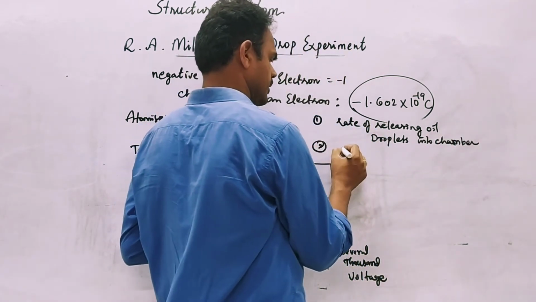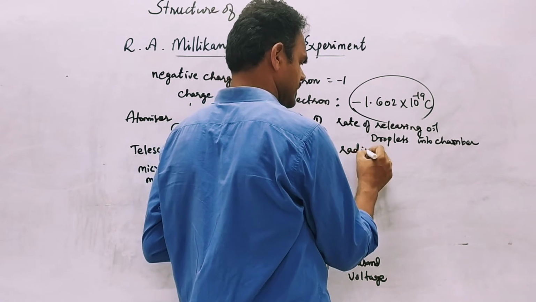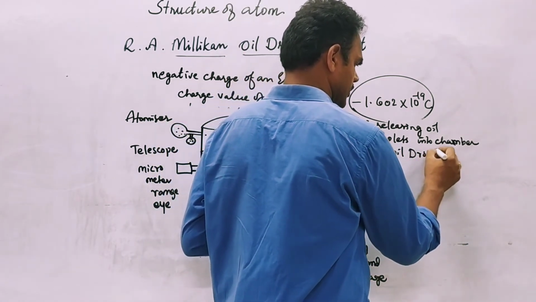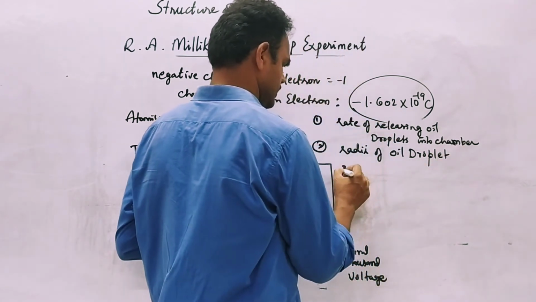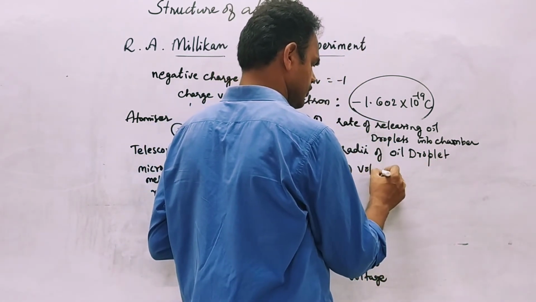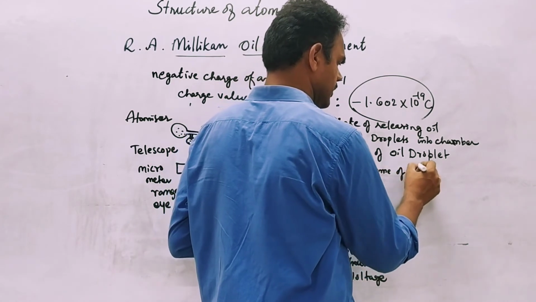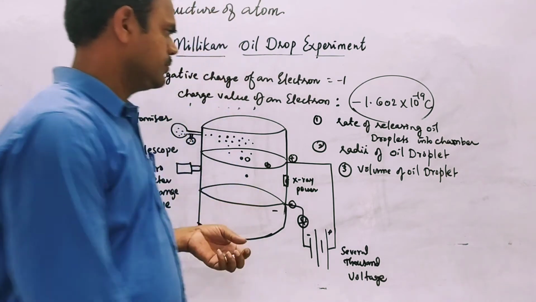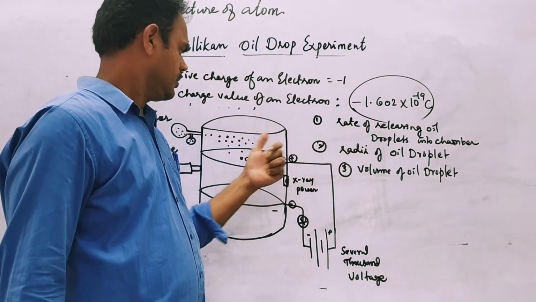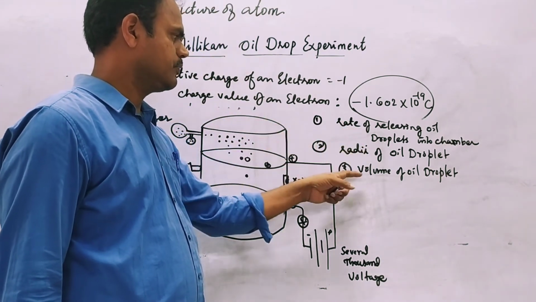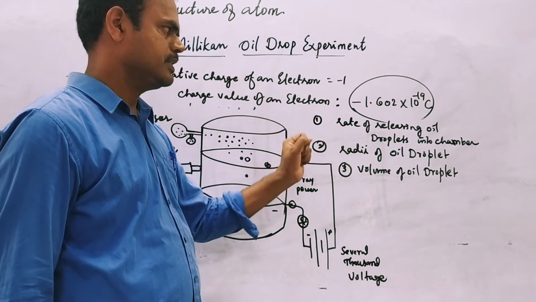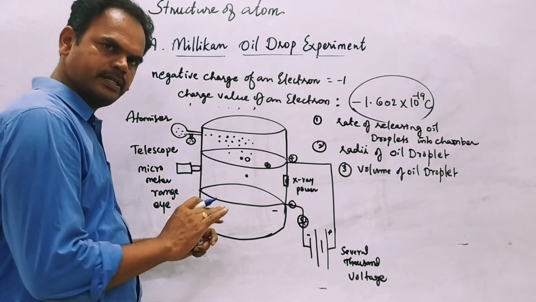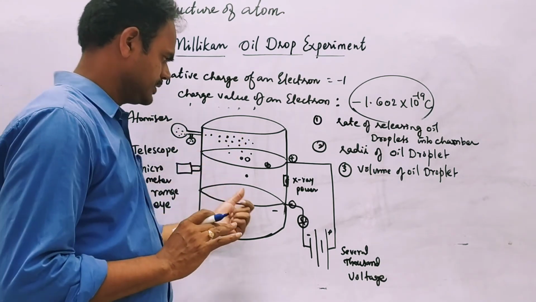Number two, the radii of the oil droplet. Number three, the volume of the oil droplet. By using these three factors, he could measure the mass of the droplets.